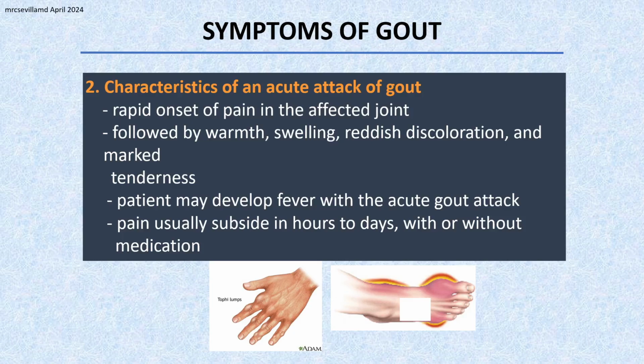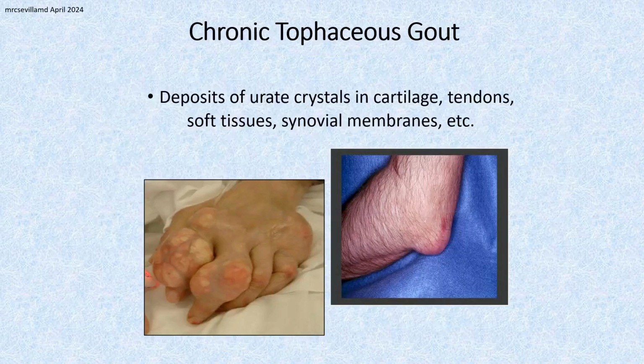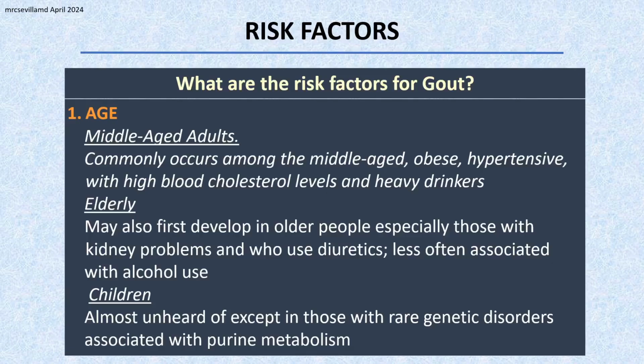The attack may take hours to days to resolve, and this may occur with or without medications. Tophi are deposits of uric acid crystals in cartilage, tendons, and the soft tissues around the joints, resulting in marked deformity. What are the risk factors for gout?